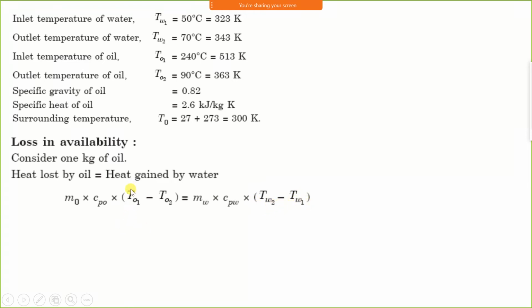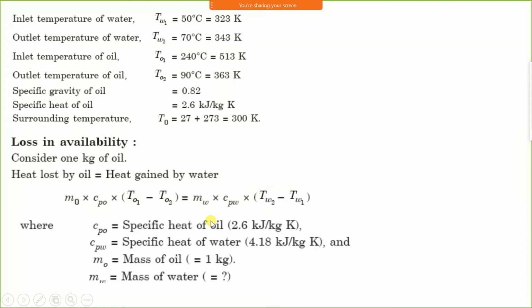For oil we are taking inlet temperature minus outlet temperature, but for water we are taking outlet temperature minus inlet temperature, because for oil the inlet temperature is greater than the outlet, but for water the outlet temperature is greater than the inlet. Therefore, you have to take the temperature difference. We don't have to take final minus initial. We have to take the temperature difference, highest minus lowest.